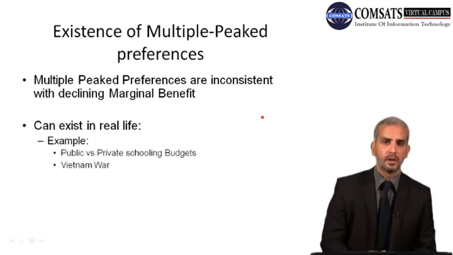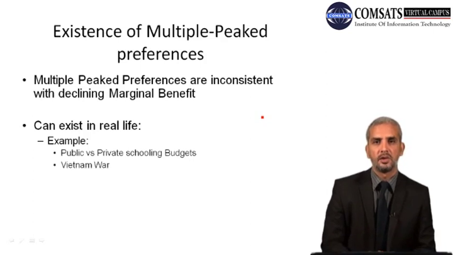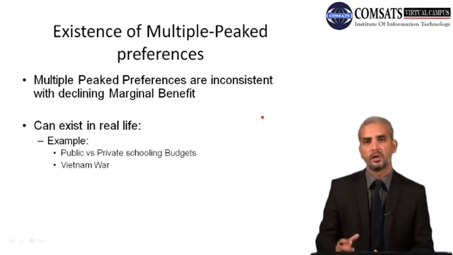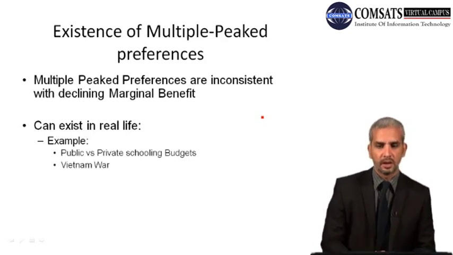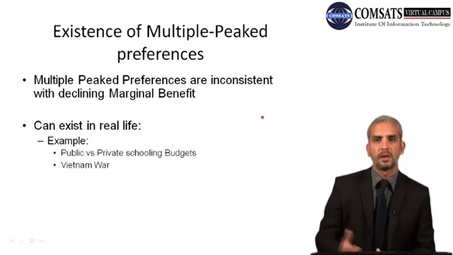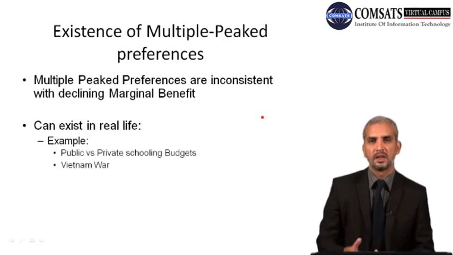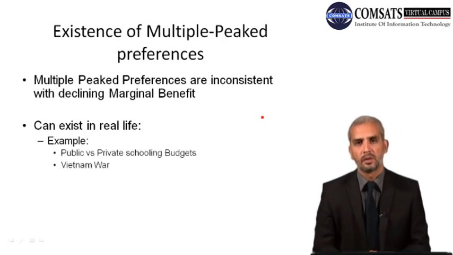But if a moderate budget is selected for the public school, the tax burden on the individual would reduce his finances for educating his children in the private school, and that would result in a multiple peak preference, because in this case he would choose a higher budget for public schools.